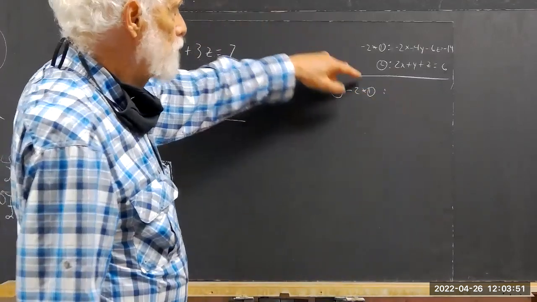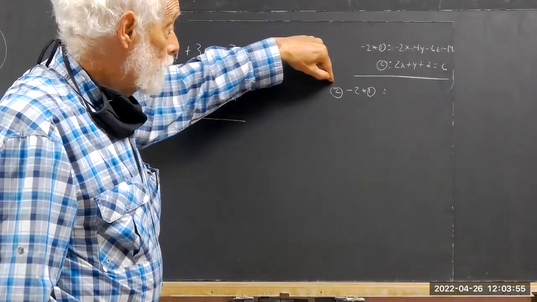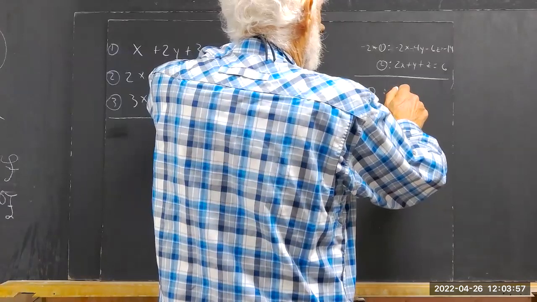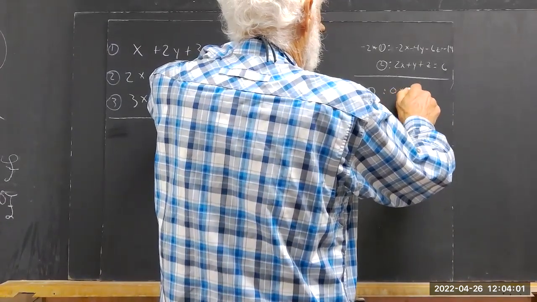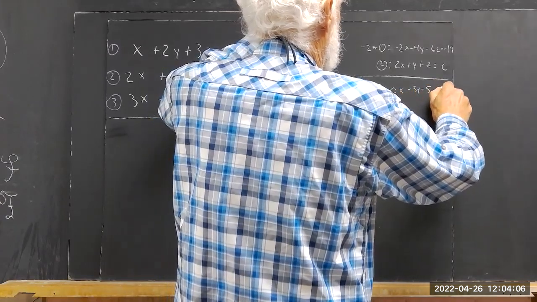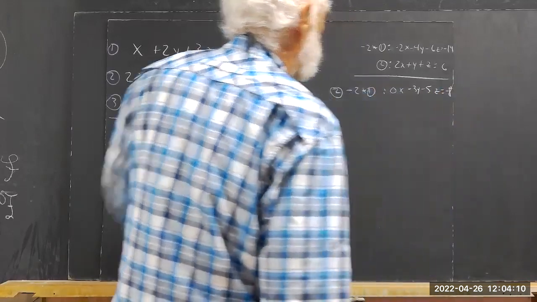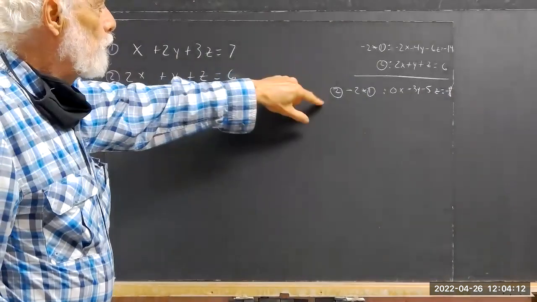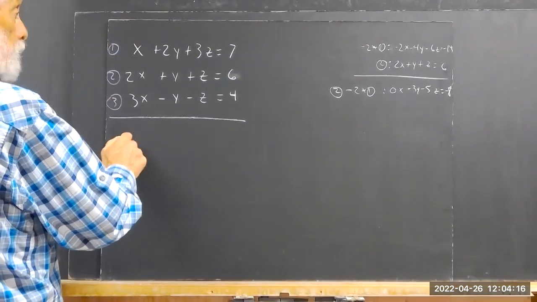If I add these two, it's an equation 2 and -2 times equation 1. And that gives me no x, minus 3y minus 5z equals -8.